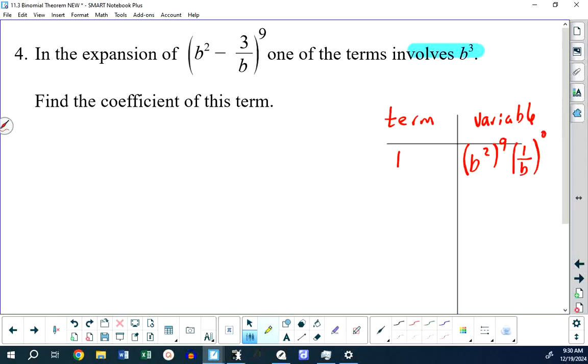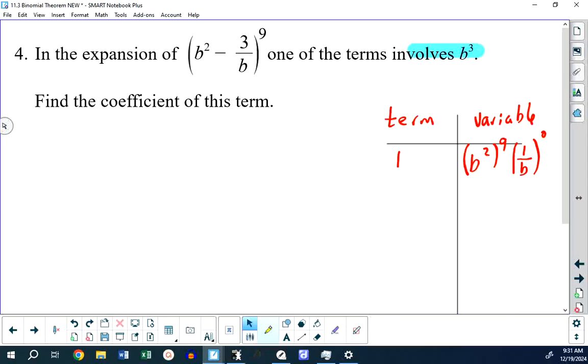Just like Hunter, our conversation that we had, I am not even looking at the negative and the 3 here. I'm talking just about the variables. Do you agree that b squared to the 9 times 1 over b to the 0 will not give you b cubed? It's going to give you b to the 18.